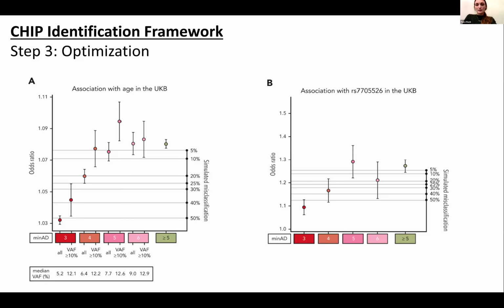And this again showed up when we tested our locus that we knew was associated with CHIP. We saw again that 5 was the optimal setting. And so this is just one example of a way that we've tested to make sure that our CHIP variants are accurately called.